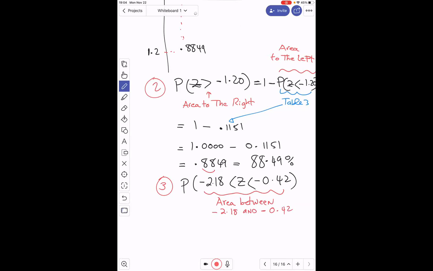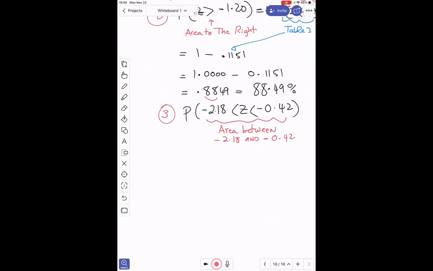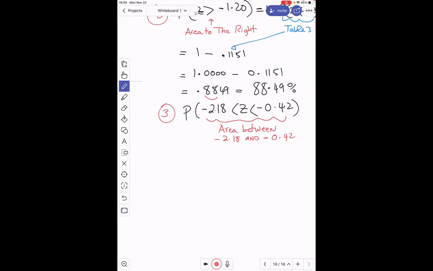All right. So what we do, guys, we take the area to the left. Again, just to remind you the trick here. So here's my negative 0.42, and here's my negative 2.18.